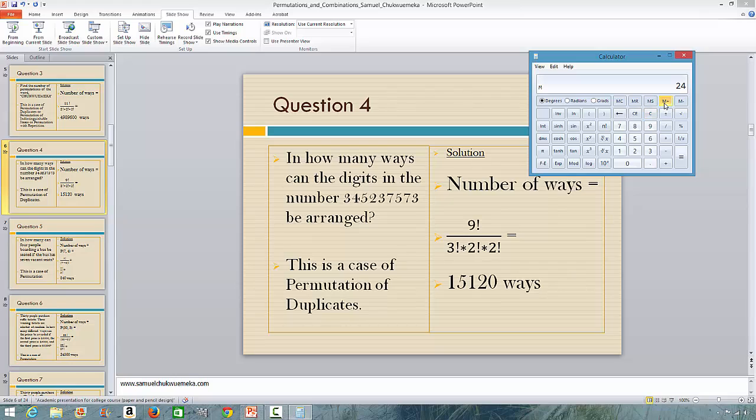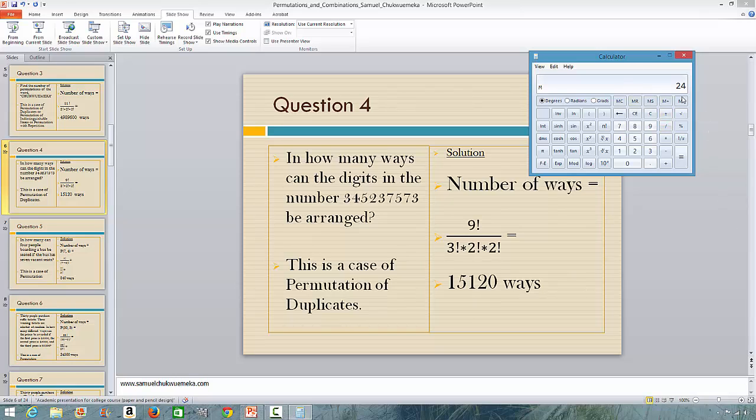Now, if you press M plus, that means you've messed up everything. Before you continue, just remove this, change memory or cancel memory, and then press M plus to save the new memory. Now, assuming we are doing additions, if we want to add to what we have saved in the memory, we can still press M plus.